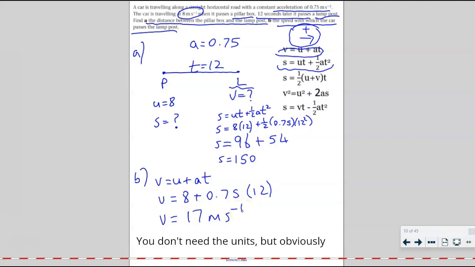You don't need the units, but obviously it's a good idea to write them down. You won't lose any marks if you don't write the units. So v is 17. Now let's go to the next question.